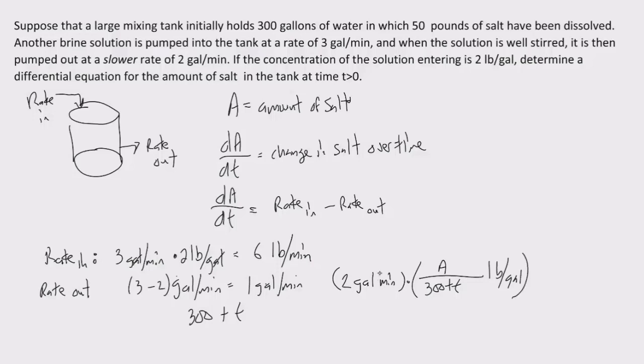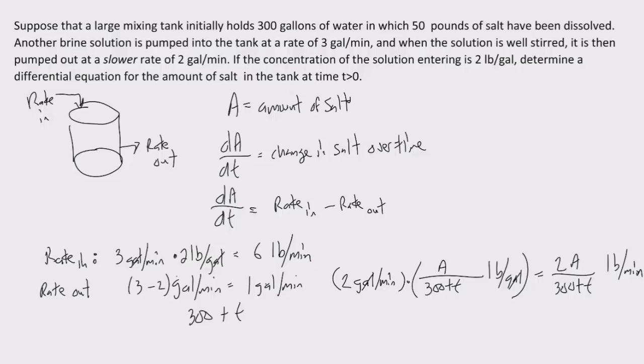So the gallons are going to divide out, and that's going to give me 2A over 300 plus t pounds per minute. You tell me how long the process has been running, and initially I can fill in some numbers there, and there we go.